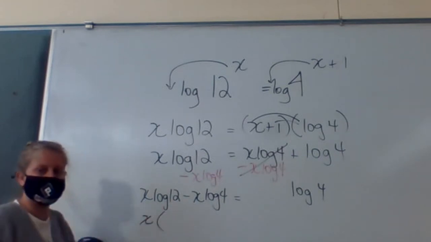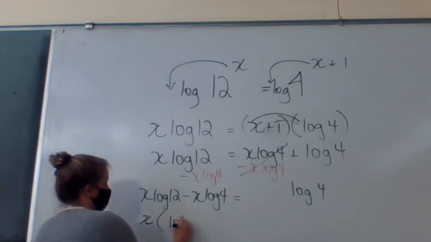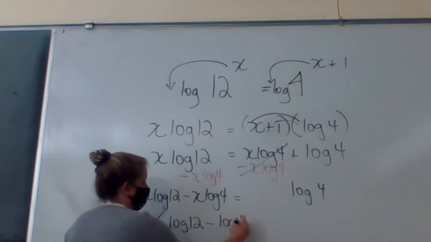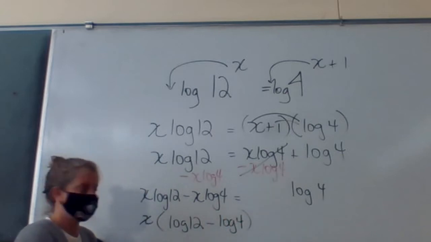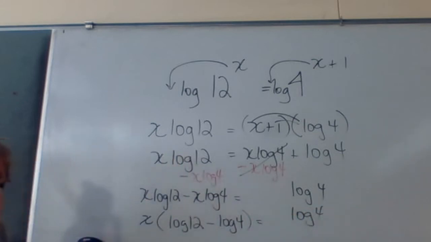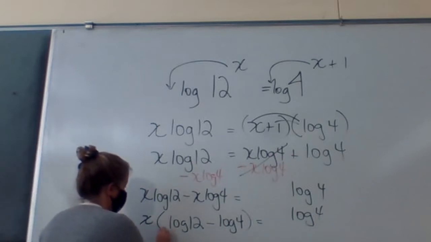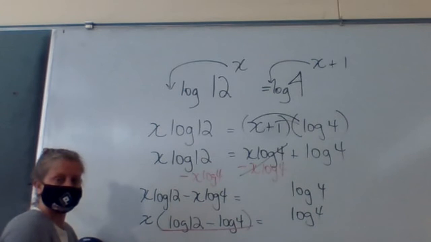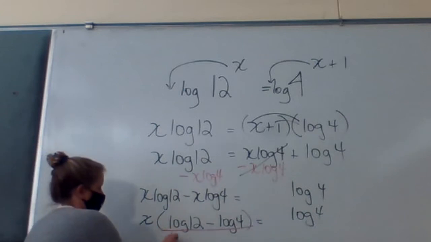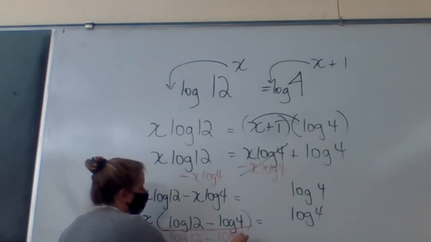So if you pull the x out and put in parentheses what is left, I'll have log 12 minus log 4, still over here, equals log 4. Now I can get x by itself by dividing both sides by what's going to isolate that x, which is log 12 minus log 4.